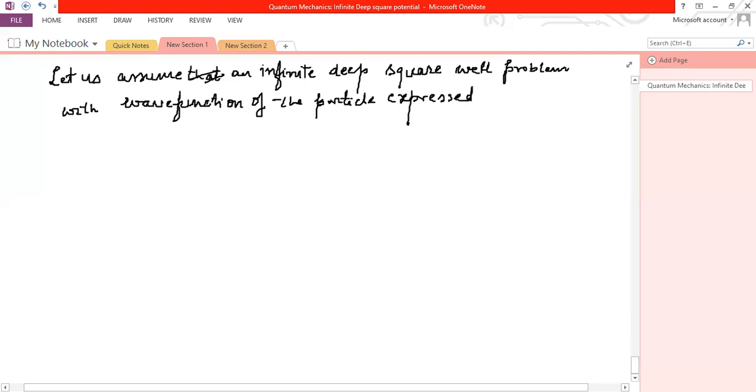I'm expressing the initial wave function of the particle psi(x), and let's say it is given by A x, where x lies between 0 and a/2, and it is equal to A times (a minus x), where x is from a/2 to a.